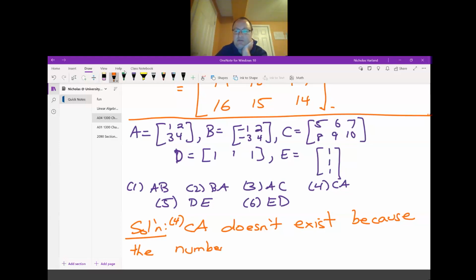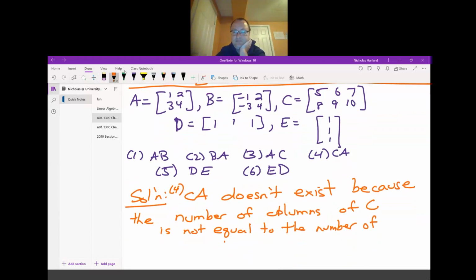Right, because the number of columns of C is not equal to the number of rows of A.